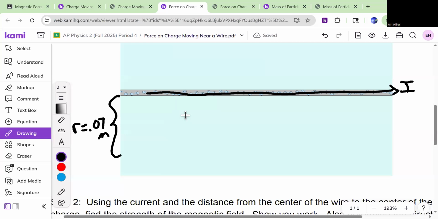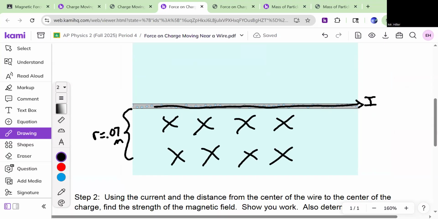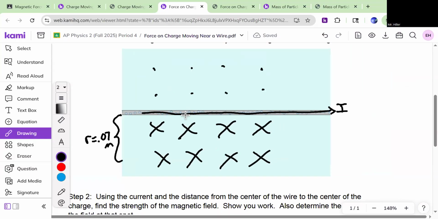So put your thumb to the right. That means I would dip my fingers below the wire, into the page below the wire, and out of the page above the wire. In a two-dimensional form, that's how it would look.